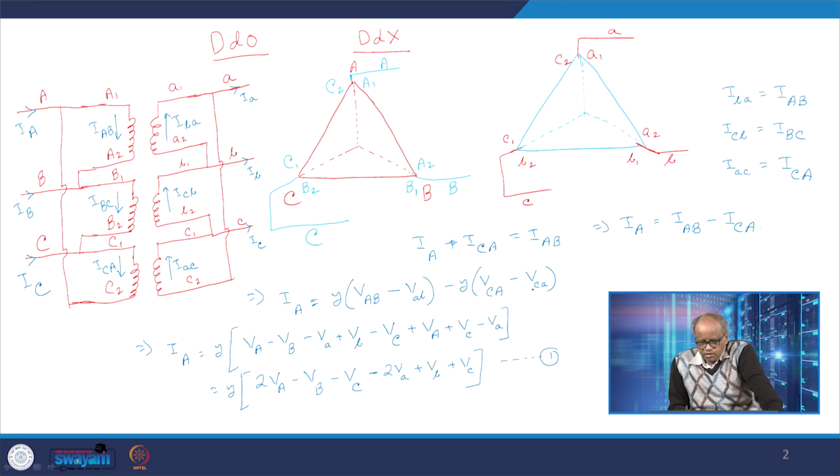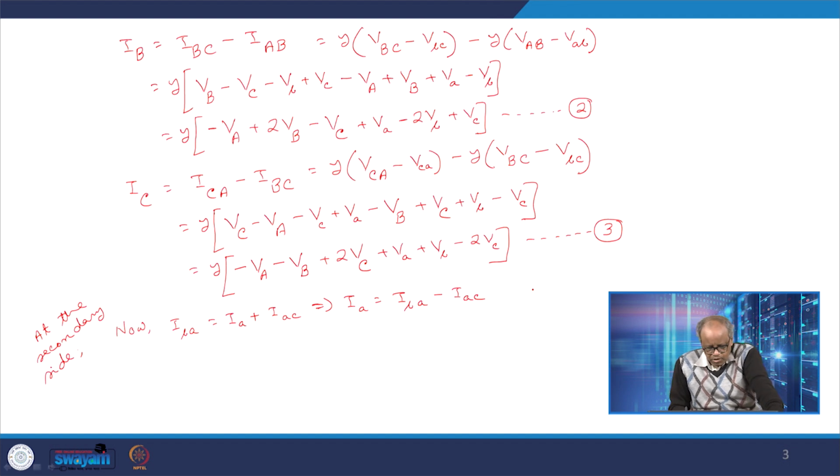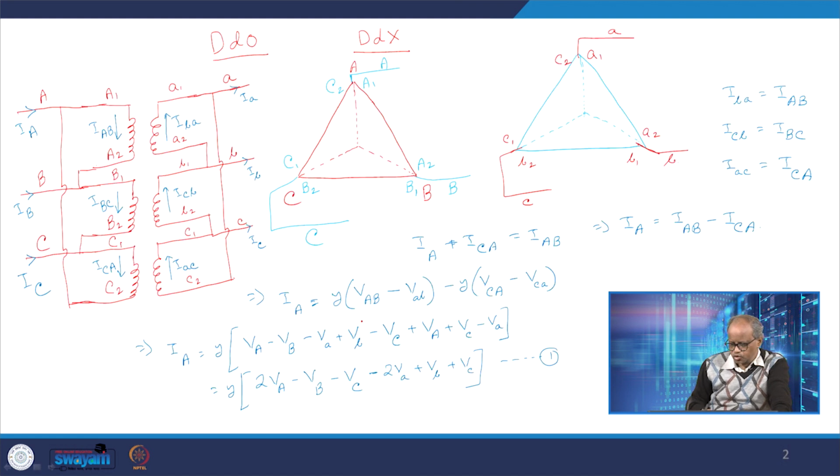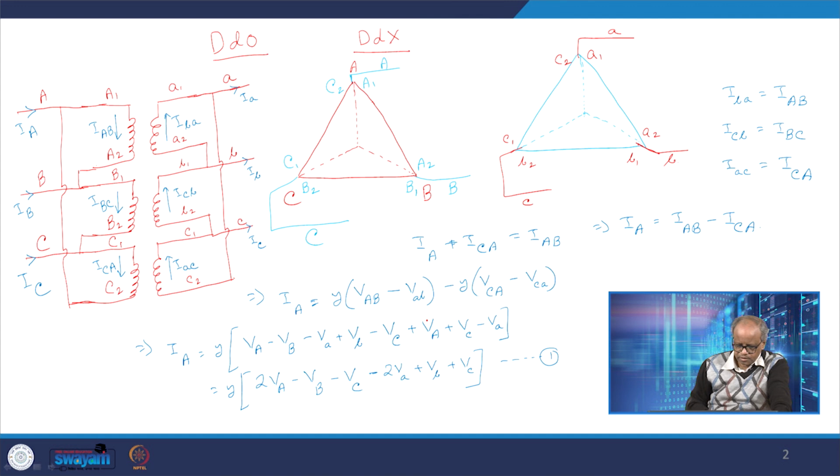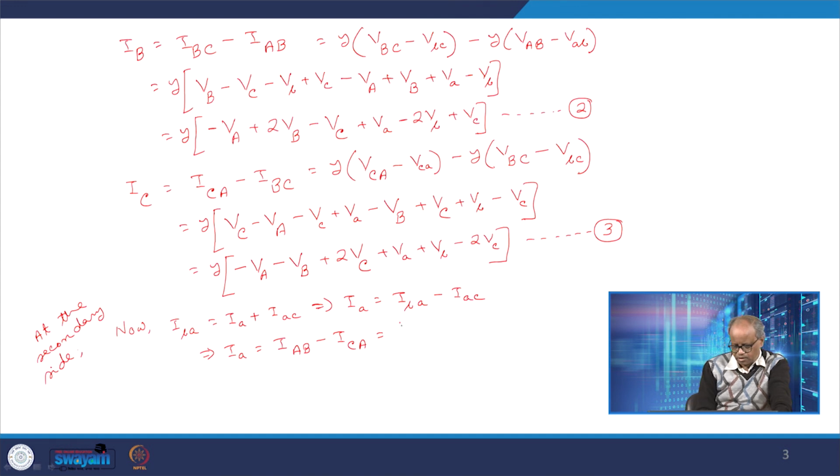Now IBA is equal to I capital AB, and IAC is I capital CA. So IA is equal to I capital AB minus I capital CA, which we have already seen is IA capital.